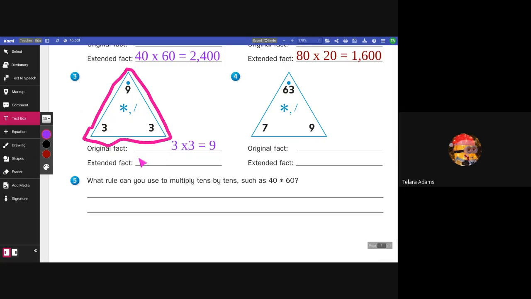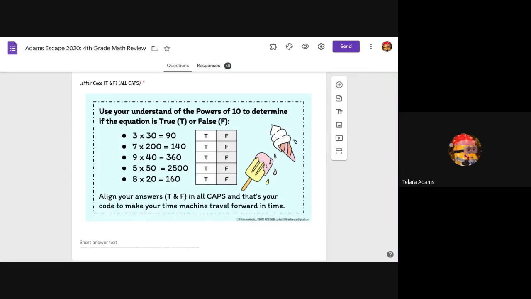And I'm going to make each factor a multiple of 10. 3 times 10, or adding a 0 to the end. Yep, 30 times 30 equals, and we know this one because, what's another example yesterday? No, it wasn't an example yesterday. It was 3 times 3, not 30 times 3.